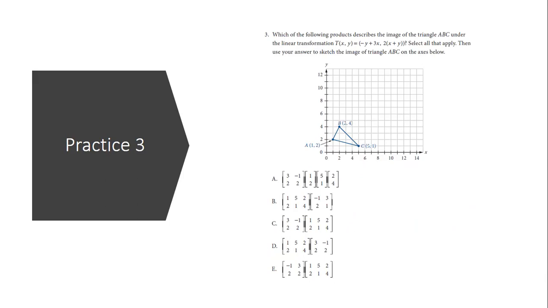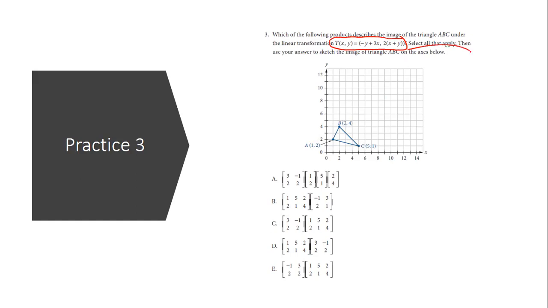Based on what we learned in practice 2, you're going to transform this triangle ABC. First, you're given a linear transformation. Why is it a linear transformation, not a coordinate transformation? It's not simplified. It's not in the format.